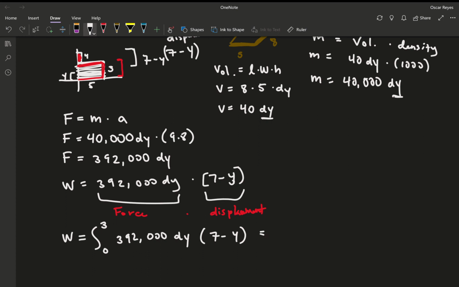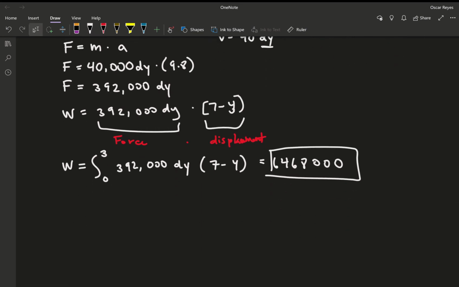And we're going to get that the work needed to pump out the water is 6,468,000. So the amount that it needs is 6,468,000 of work needed to be done to pump out the water.